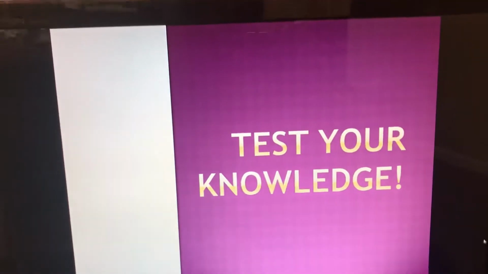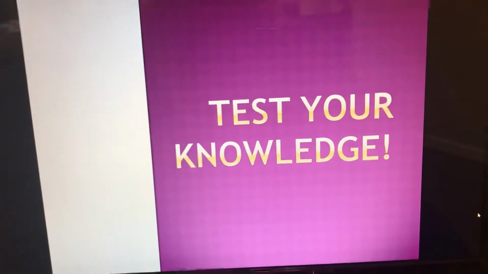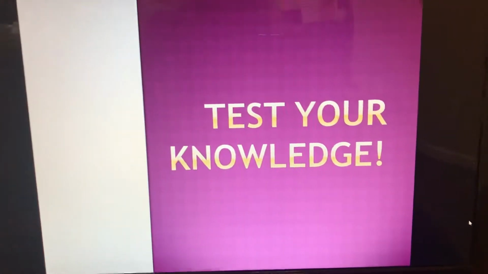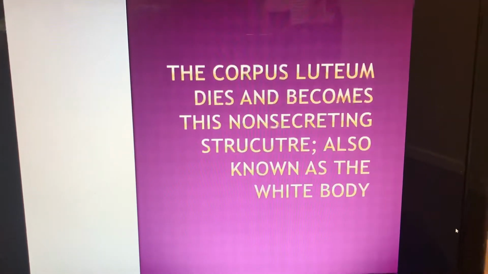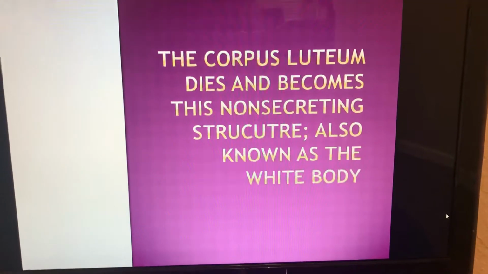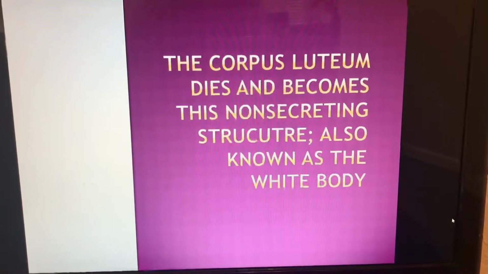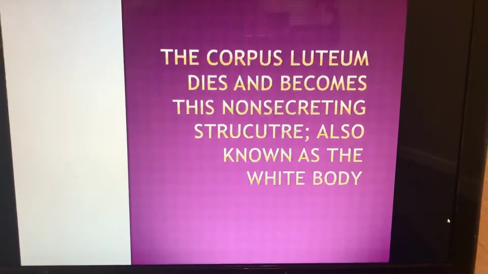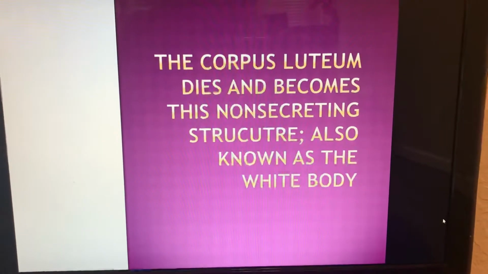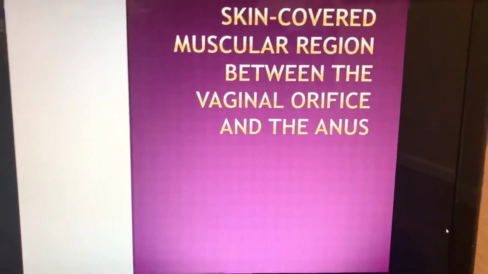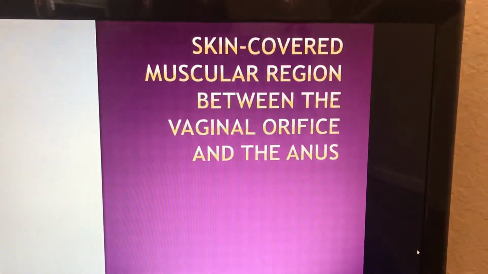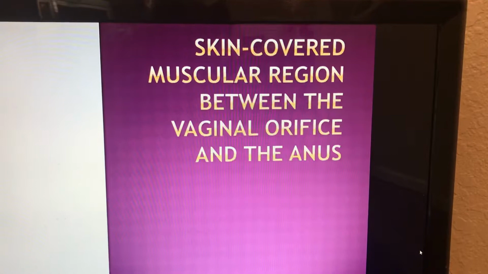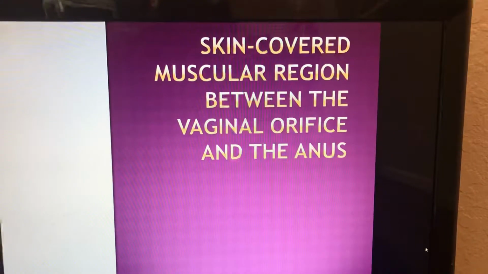So now that you've gone through part 1 and 2, let's test your knowledge. I have a few questions here. Let's start. The corpus luteum dies and becomes this non-secreting structure, also known as the white body. Corpus albicans. Skin-covered muscular region between the vaginal orifice and the anus.